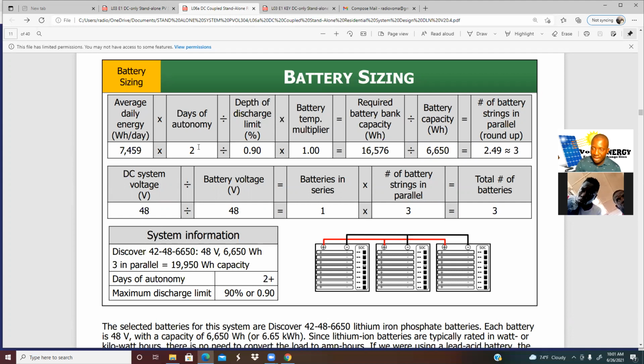If you don't size the battery considering days of autonomy, then you have to tell the customer you need a backup generator, so that when it's raining, we can put a generator on to charge your battery. You have to let the customer know, because this is going to be a conflicting issue in the future if you don't.